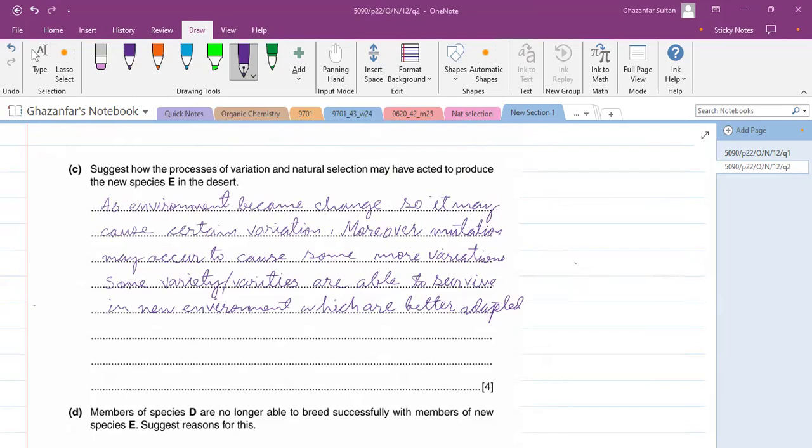So the new varieties, the better adapted varieties, survive and reproduce and pass on the adaptations.